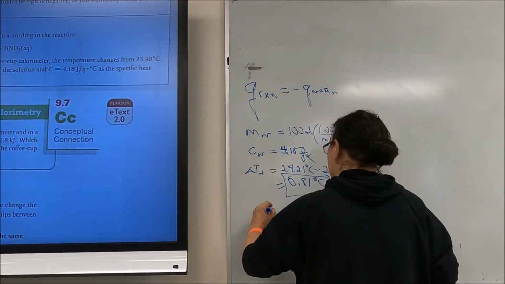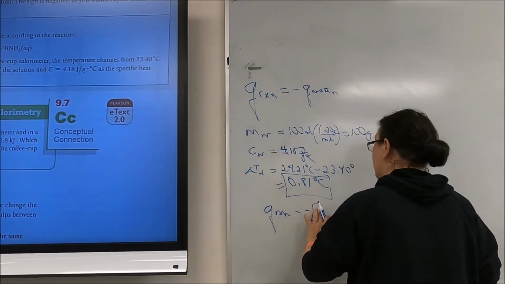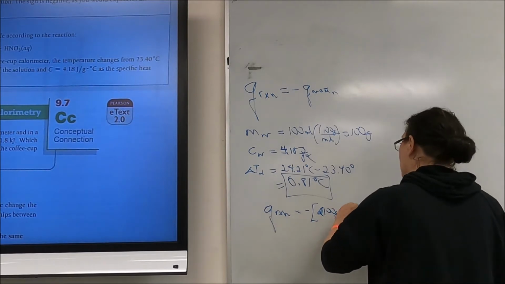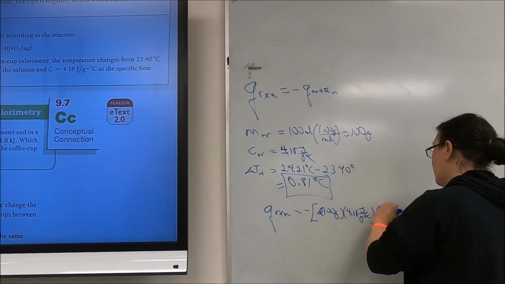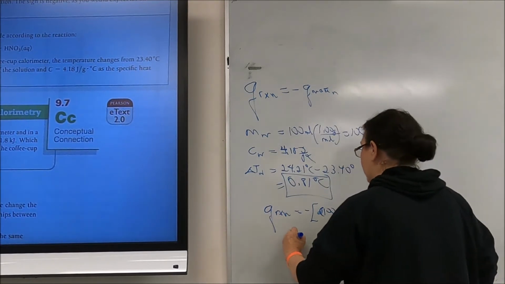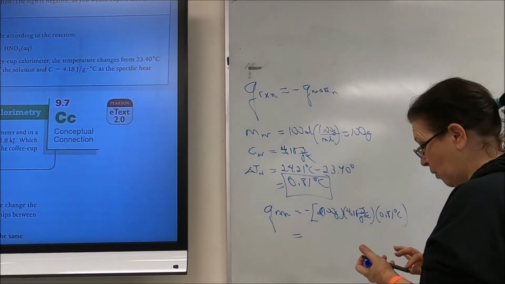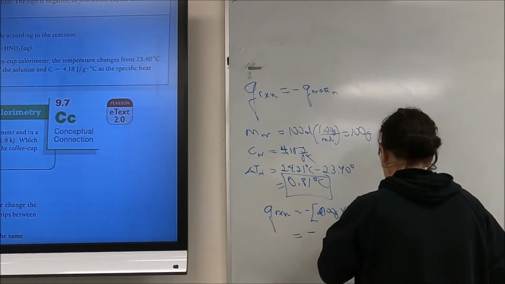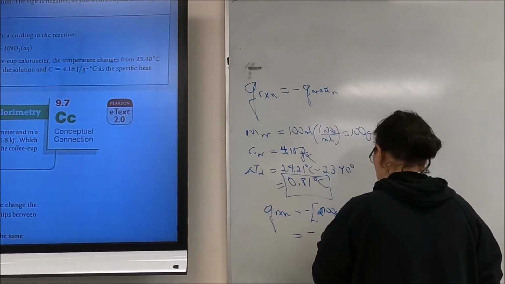So our Q for our reaction is the negative of 100 grams times 4.18 joules per gram degree C times 0.81 degrees C. So 0.81 times 4.18 times 100, I get a minus 338.58 joules.